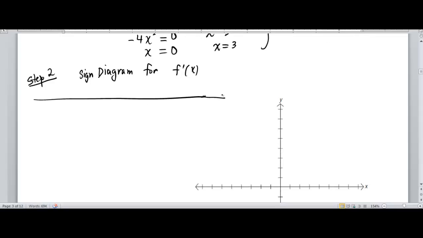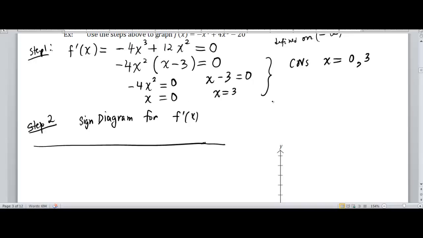We're going to take the first derivative, so this is a number line, and we have x equals 0 and x equals 3. And we want to take the critical numbers and plug them into the first derivative. Or not the critical numbers, I'm sorry, test points. So we want to find test points. So what are our test points?